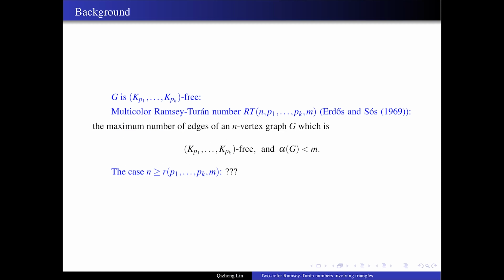And the Ramsey-Turán number is defined as the maximum number of edges of an n-vertex graph G which is K_{p_1}, ..., K_{p_k}-free and has independence number at most m. Note that if the number n is greater than the Ramsey number, then such a graph does not exist. So indeed, we usually consider the case when m is little o(n).